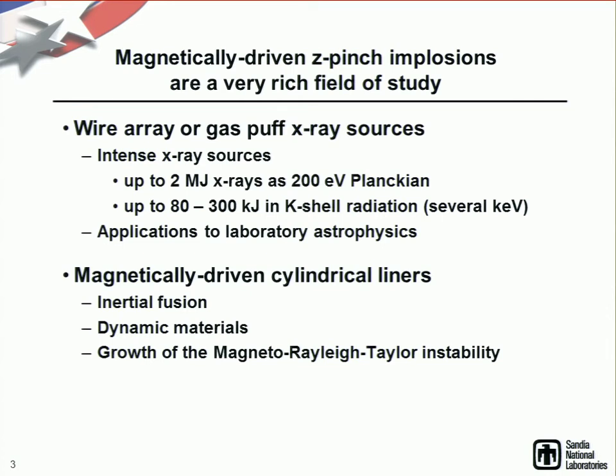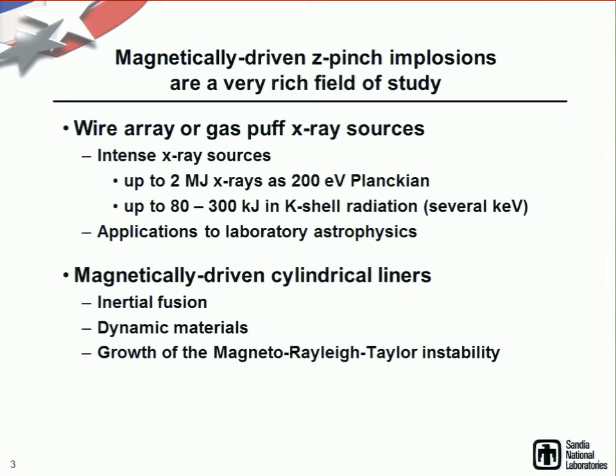A relatively new idea that has only really come into play on the machine in the last couple of years is a cylindrical liner that you can drive magnetically, and you would basically have a solid liner with a gas inside of it that's heated using, say, the Beamlet laser pulse. Then you can compress that down and create an inertial fusion reaction.